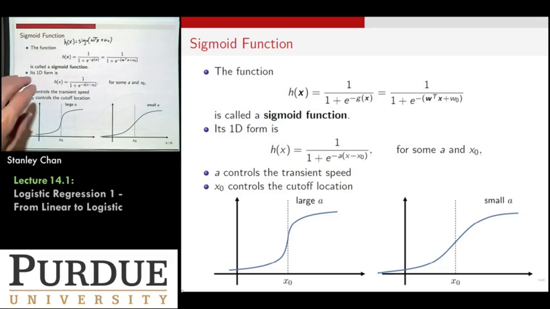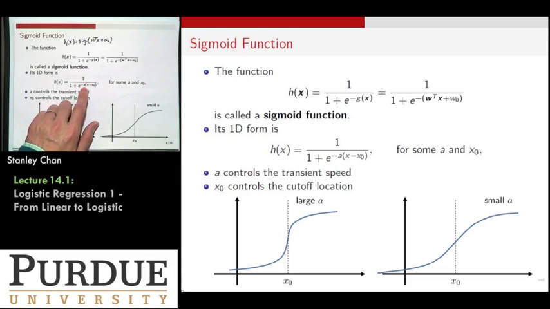There are two parameters in this logistic function: the parameter a and the parameter x0. They have different meanings. First of all, x0 defines the transition point of your function. This is a sigmoid function, so it has to have a transient location, and the transient happens at x0.